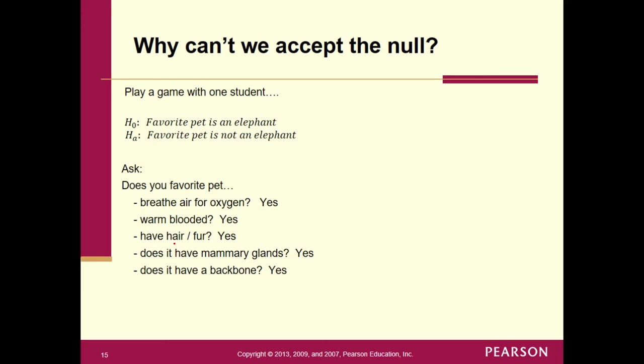And that's what happens with hypothesis testing: once the hypothesis test eliminates the idea that H0 could be true, just like I eliminated the elephant in my questions, as soon as the test can eliminate the reasonable possibility that H0 is true, it says that's wrong and the alternative is correct.